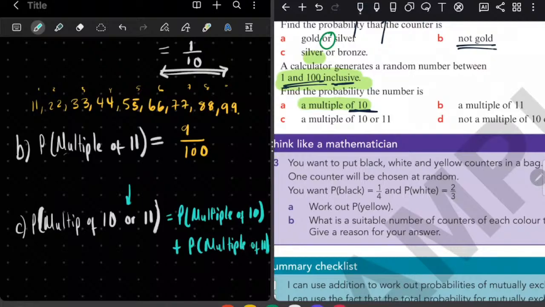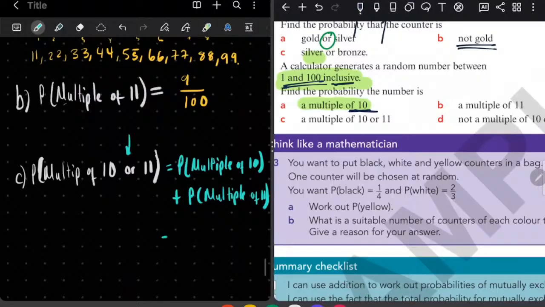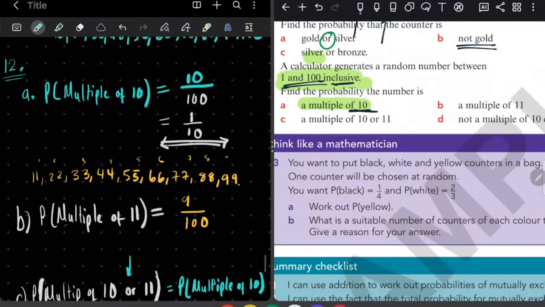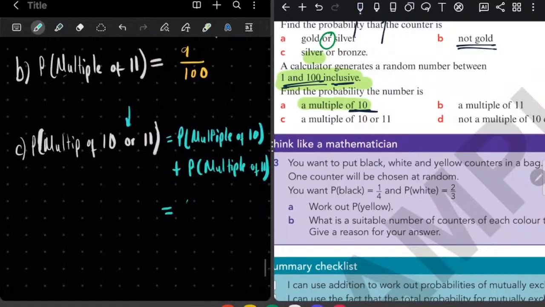Multiple of 11. What's the probability of a multiple of 10? We found it in part A. What did we get here? 1 over 10. Plus, what's the probability of multiple of 11? 9 over 100.